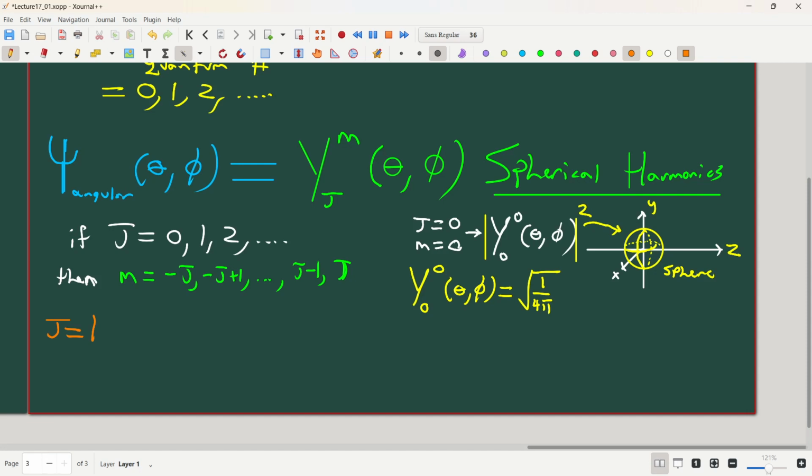Because m runs from -1 to 1. So it can be -1, 0, or +1. Which means there are 3 different states with angular momentum +1, 1 unit of angular momentum.